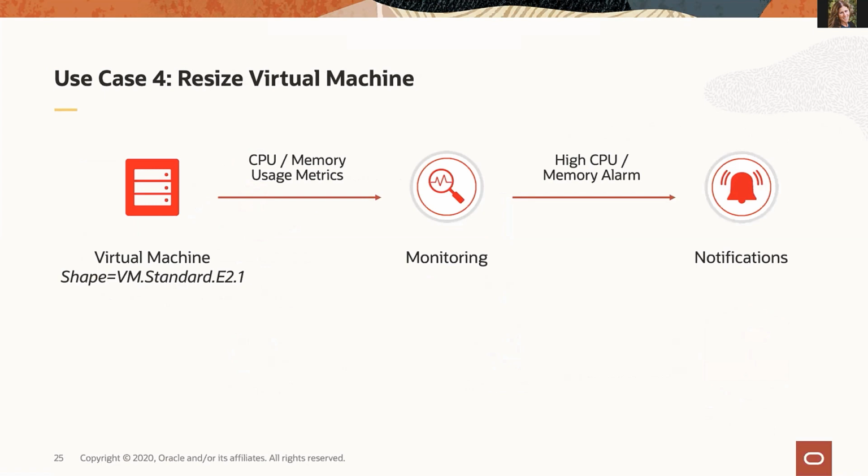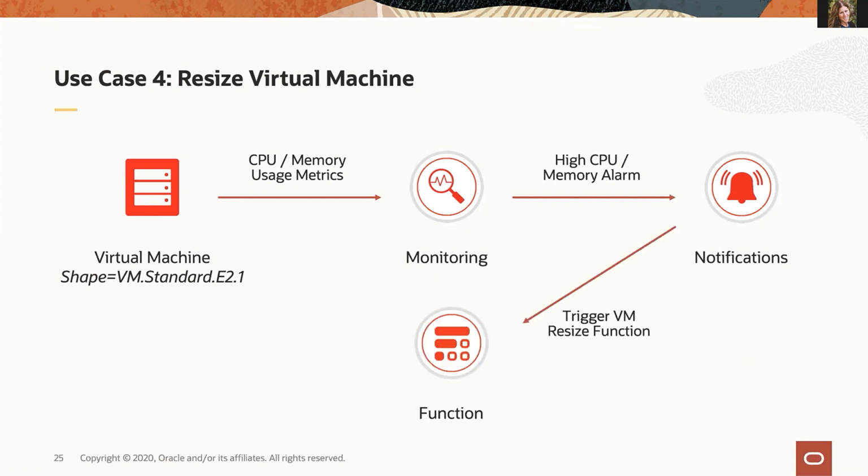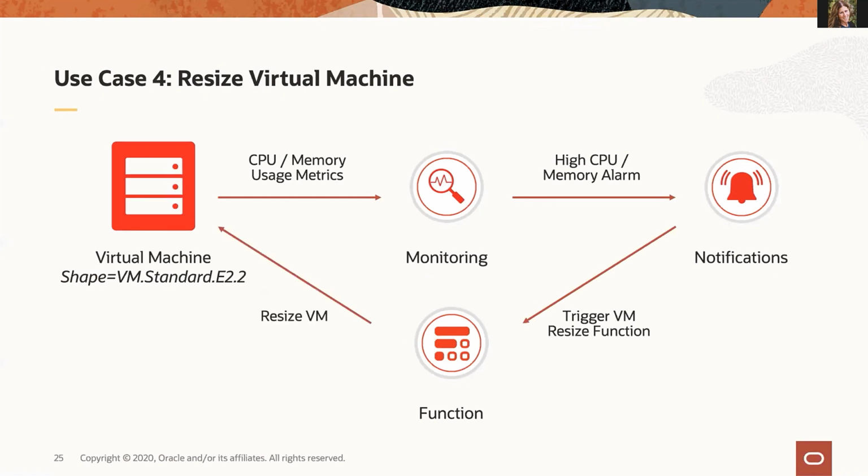Monitoring generates an alarm that creates a notification, and the notification triggers a function that resizes the VM. So the function would say, okay, that virtual machine is right now of shape VM standard E2.1. I'm going to bump it up to E2.2.